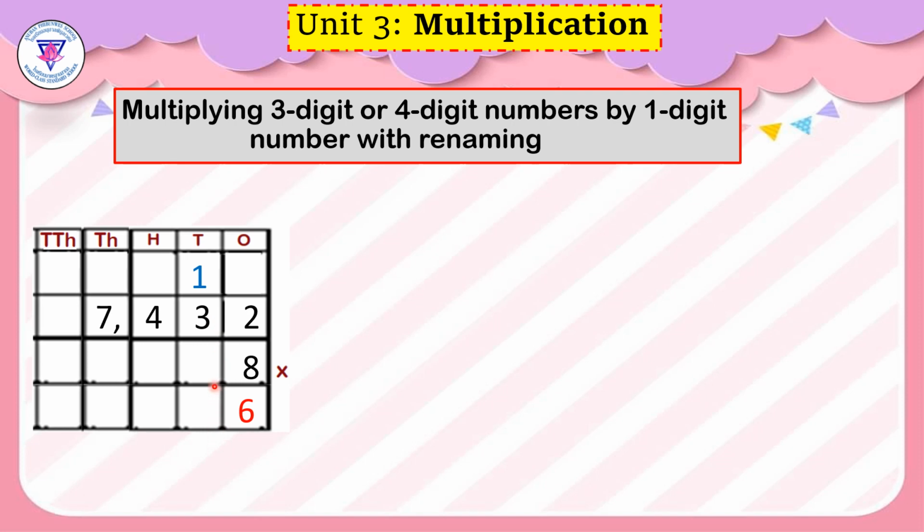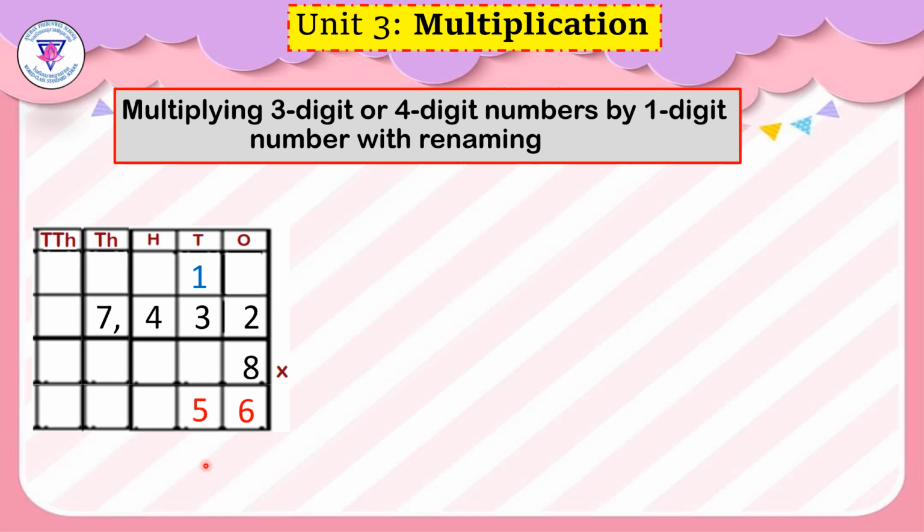Let's proceed to the tens place, which is 3 multiplied by 8. So 3 times 8 is equal to 24. Since there is a number on top of number 3, we need to add. So 24 plus 1 is equal to 25.